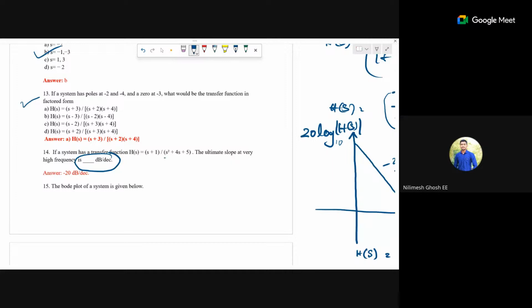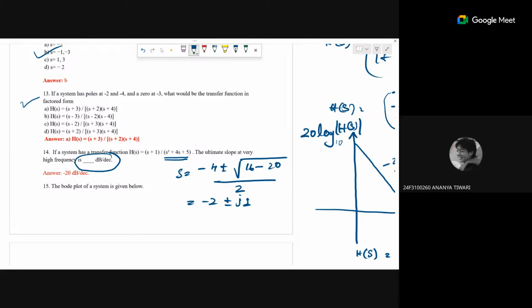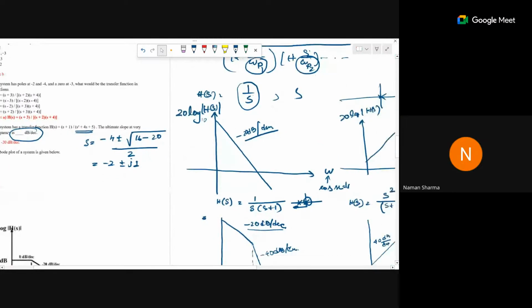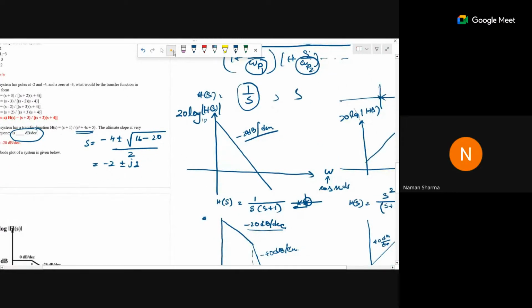Because see, if you solve this, what are the roots? s equals minus 4 plus minus root of 16 minus 20, by 2. That will be minus 2 plus minus j.